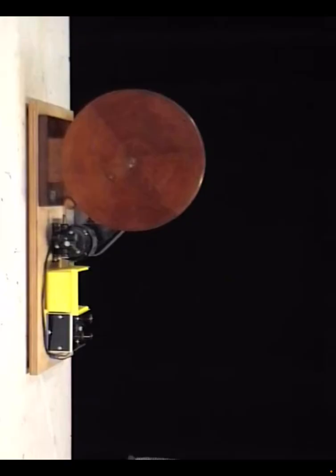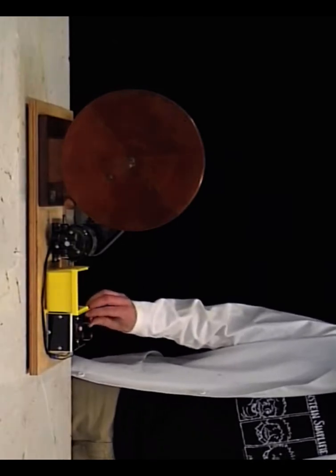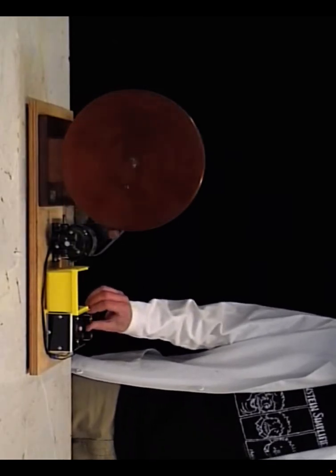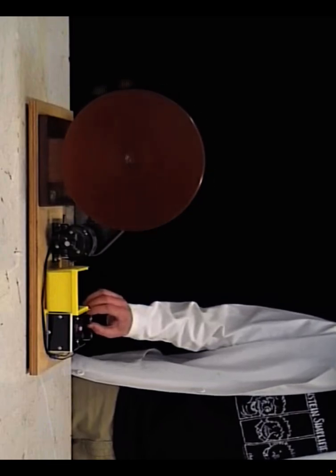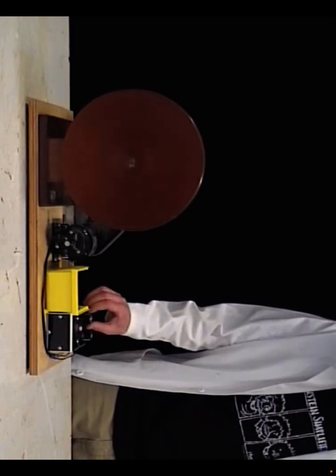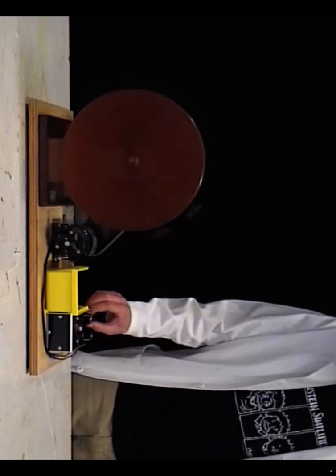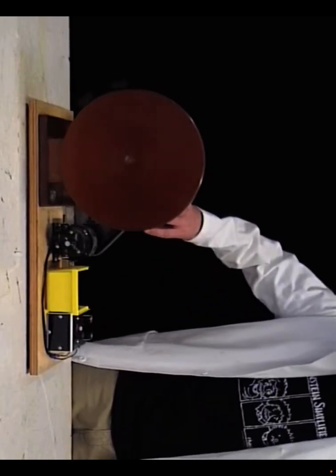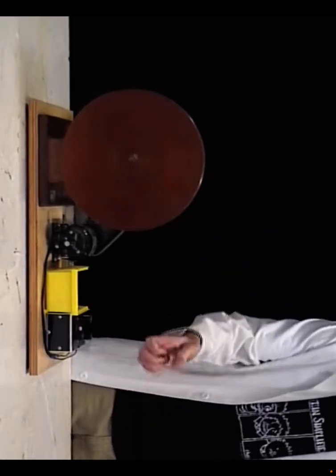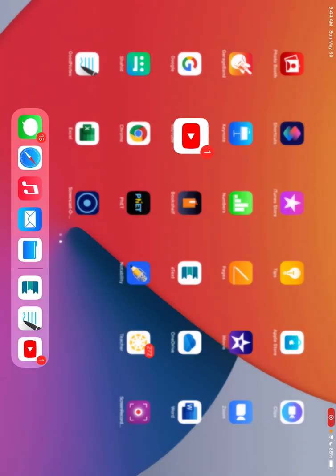At any moment, it's going to go according to the tangent at that point. The same idea.